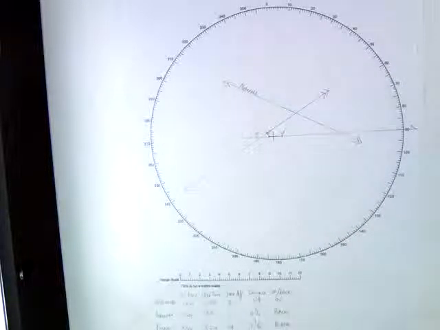Finally, Nunki has an azimuth of 253.5 and an intercept of 4.2 away.